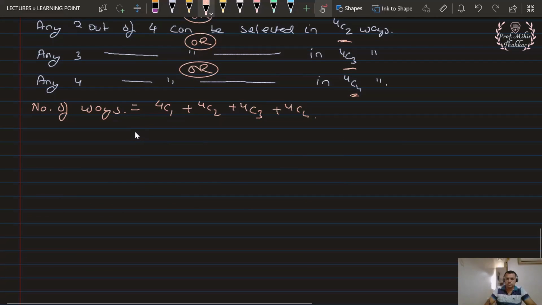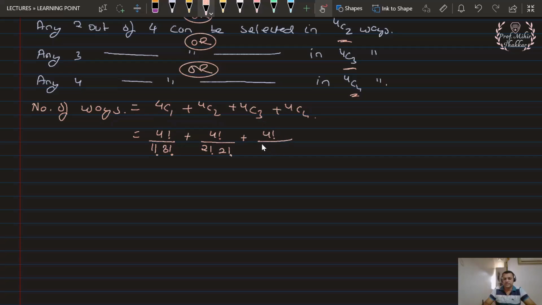So this is going to be equal to 4 factorial upon 1 factorial 3 factorial, plus 4 factorial upon 2 factorial 2 factorial, plus 4 factorial upon 3 factorial 1 factorial. We are just applying the formula for nCr over here. Plus 4 factorial upon 4 factorial 0 factorial.